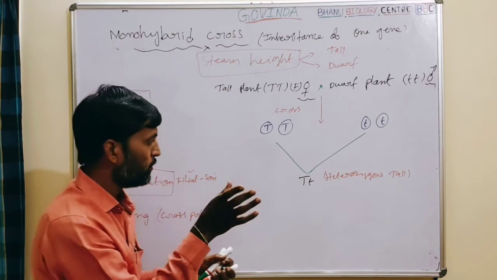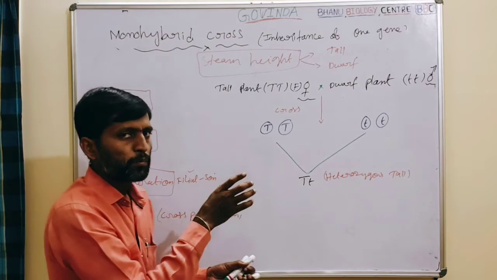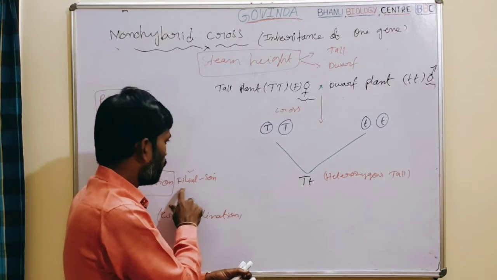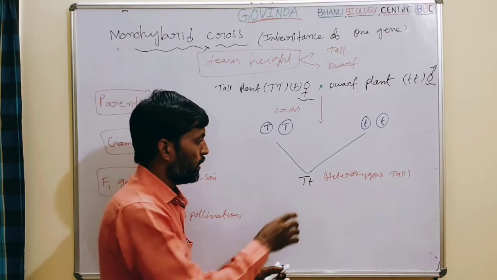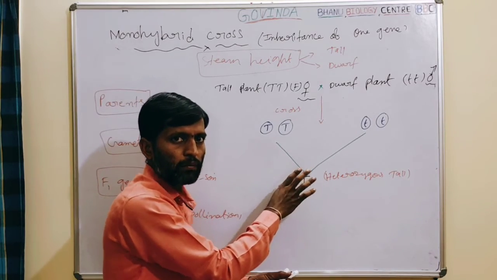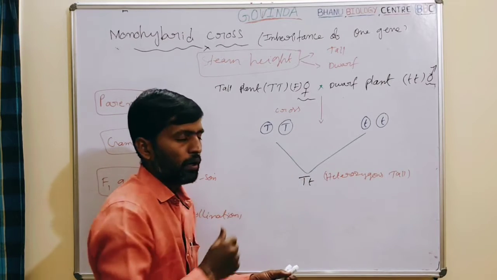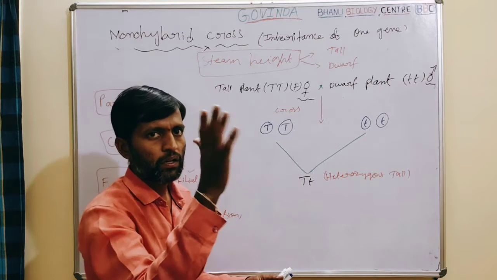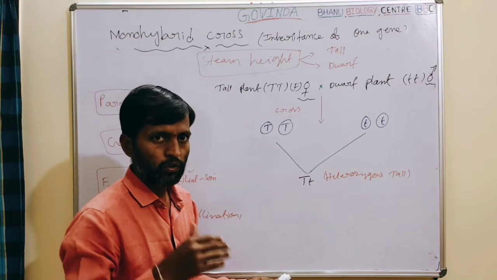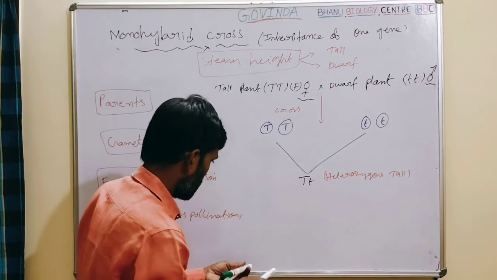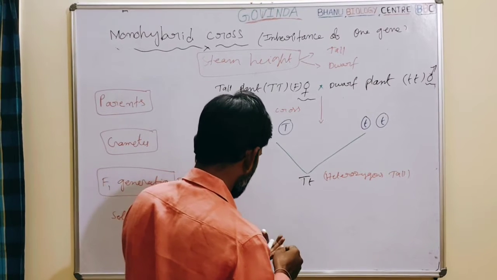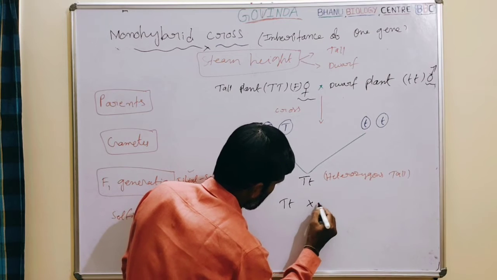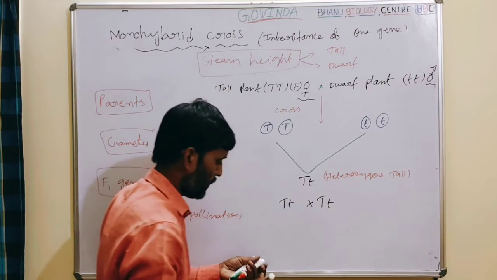So once again I tell you, the selfing or cross pollination is to be performed between the F1 generation plants only. Here I only write one plant, but many plants are formed here because so many seeds are produced. From each seed one plant is going to germinate and grow. But here I take two plants from the F1 generation, capital T small t, and another one capital T small t.